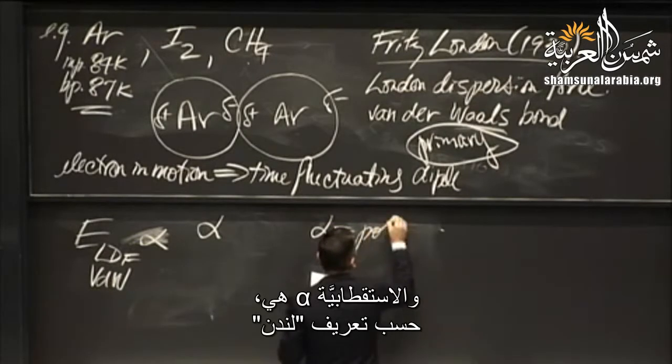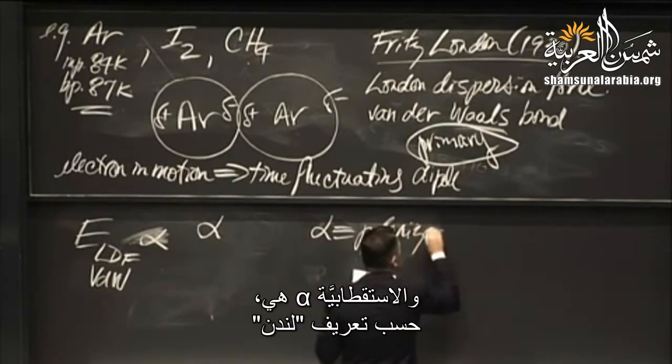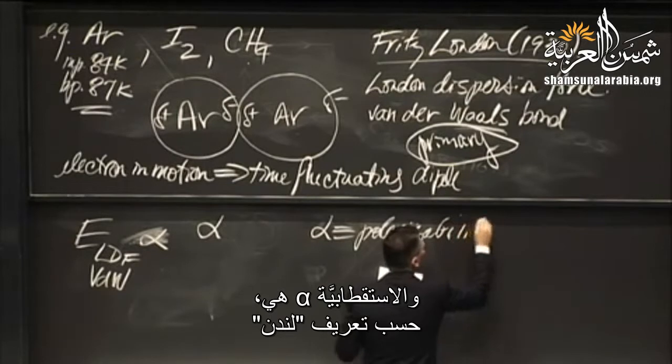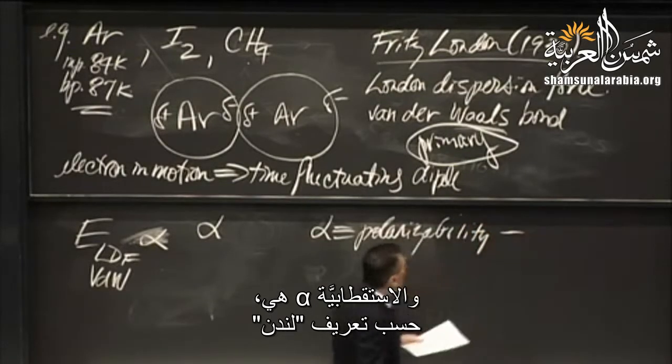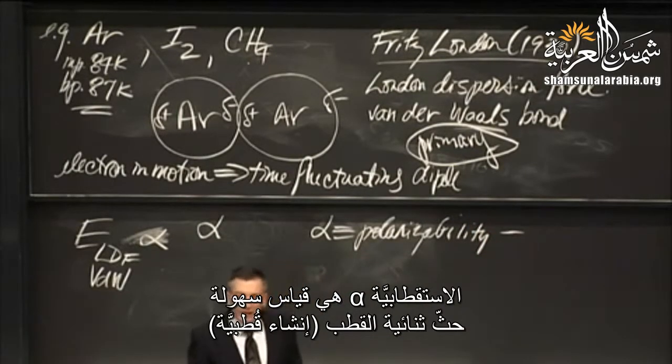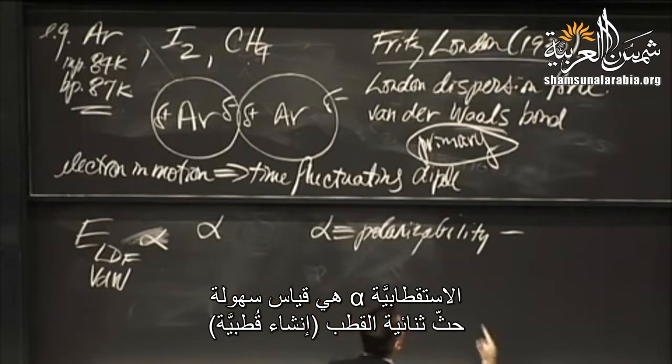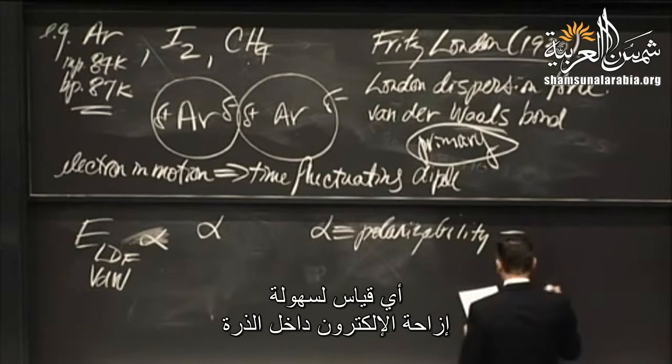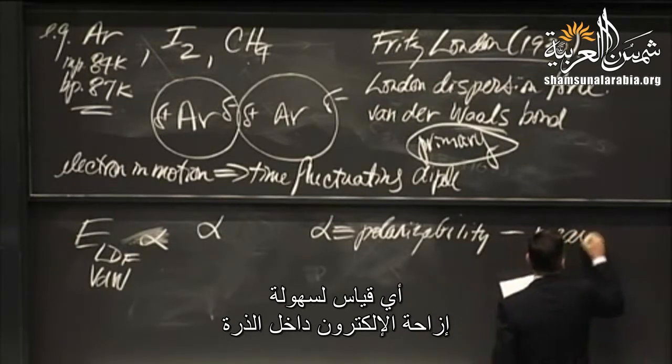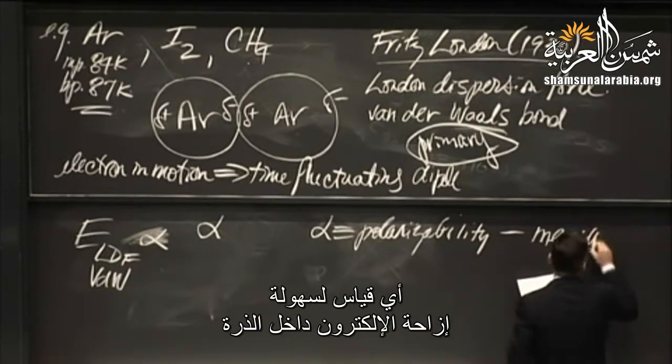The polarizability, as defined by London, is a measure of how easy it is to induce this dipole: a measure of the ease of electron displacement within an atom.